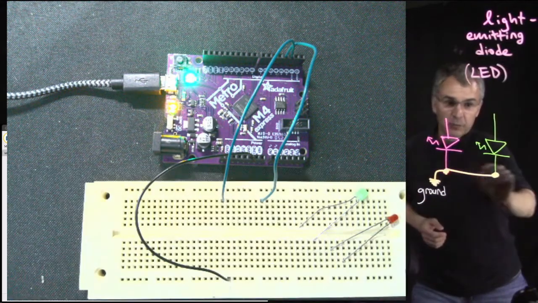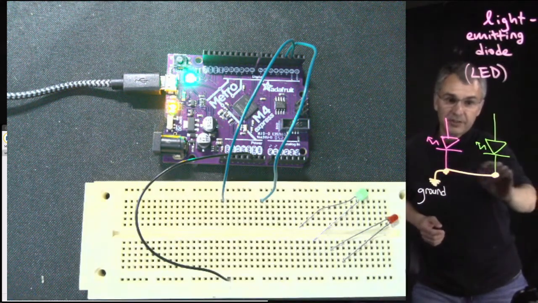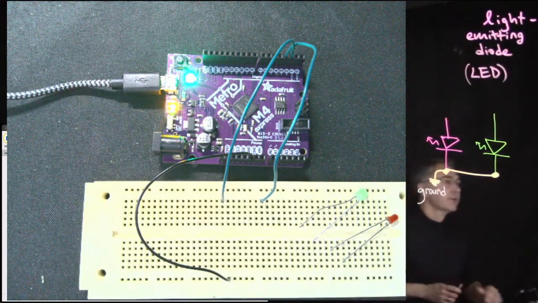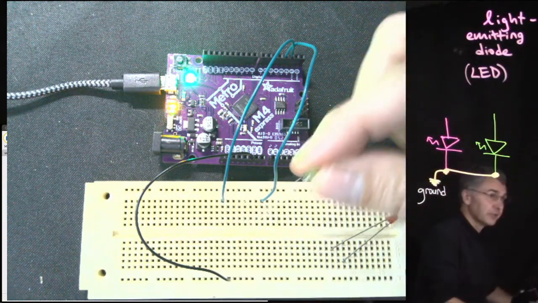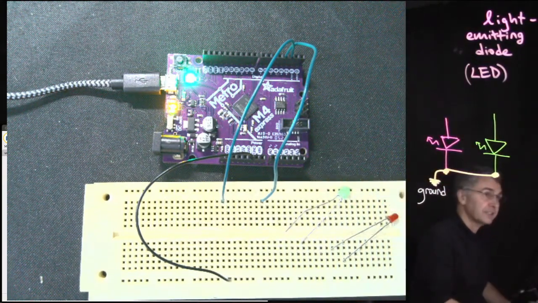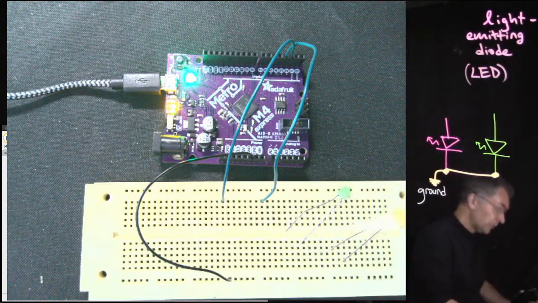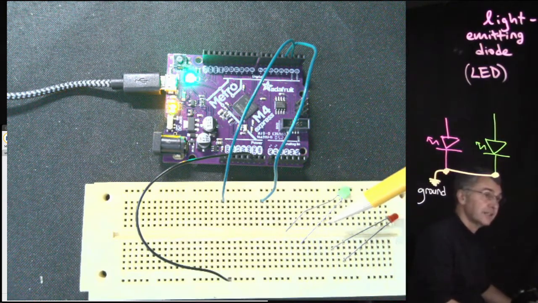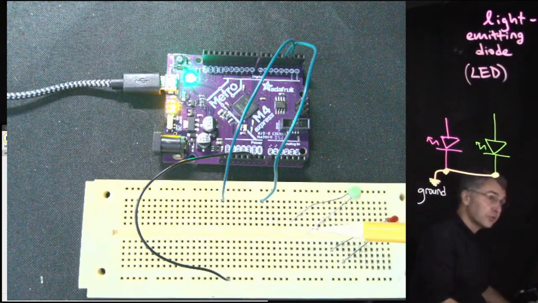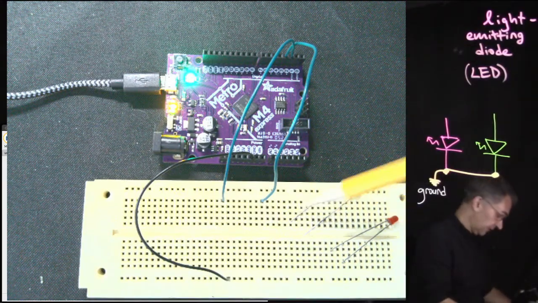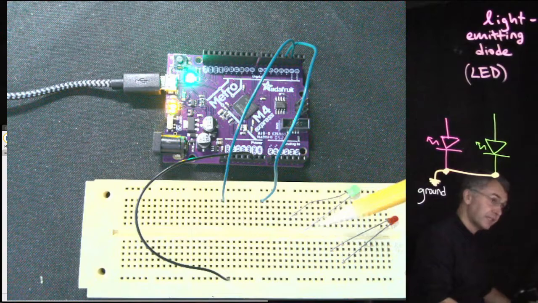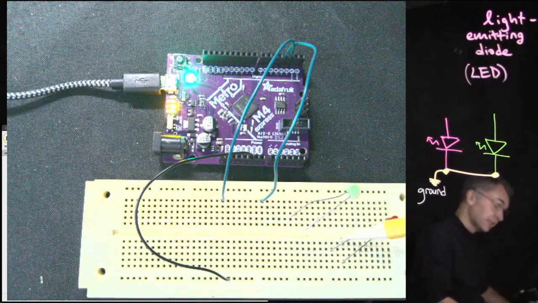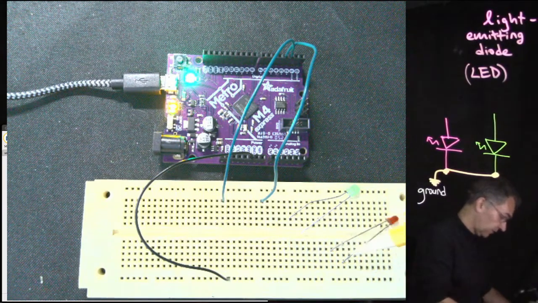So I'm going to start by wiring the negative end of each diode to the ground point on my little breadboard. It turns out that when you pick up a diode or an LED, the lead that is intended to be more positive to let current flow is longer than the lead that is supposed to be more negative. This is the shorter lead, this is the longer lead. So this one should be positive, this one should be negative. Here, this is the longer lead, this is the shorter lead, so this should be positive, this should be negative.